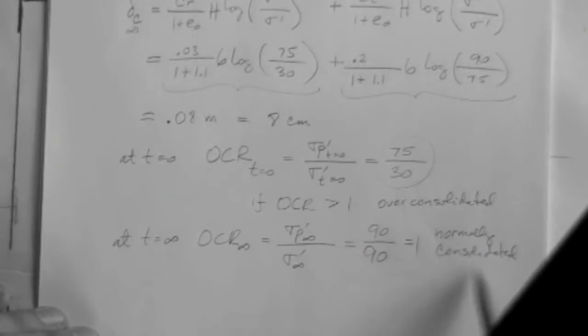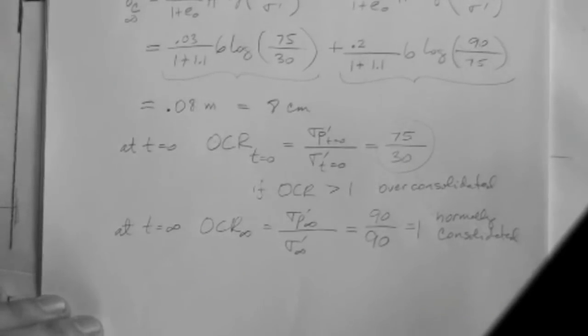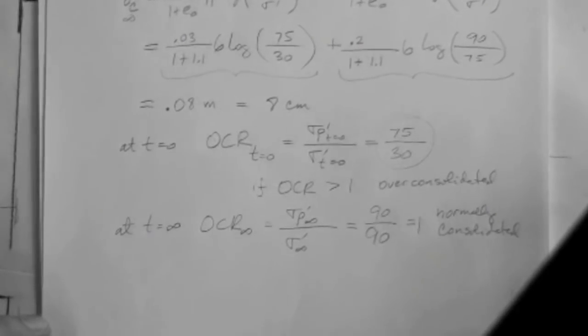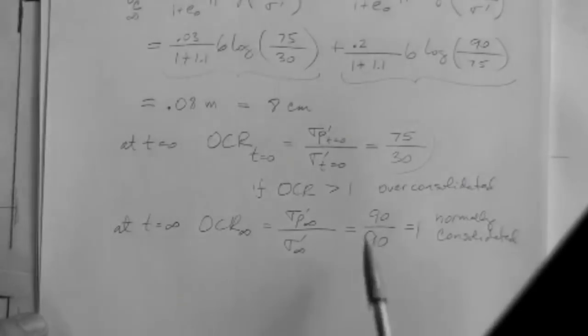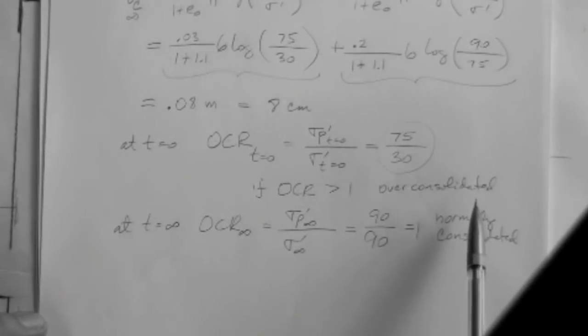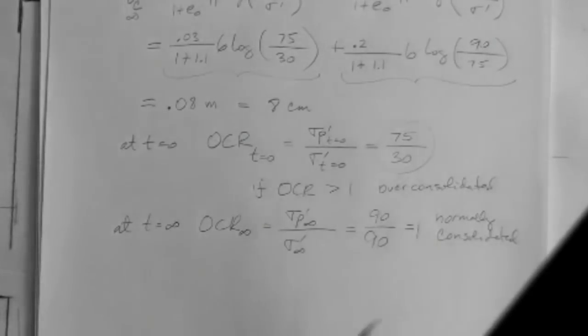A normally consolidated clay or silt behaves differently than an over-consolidated clay or silt, in terms of deformation, strength, stiffness, etc. So our soil started from being over-consolidated before we placed the fill to normally consolidated after the consolidation process has finished due to the placement of the fill.